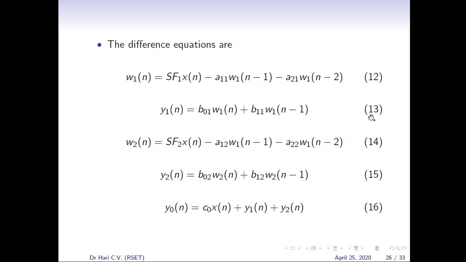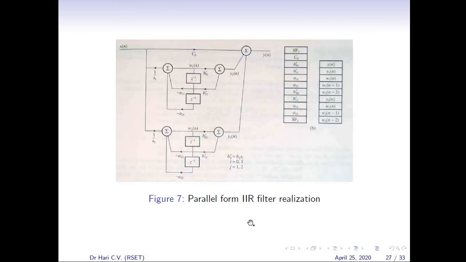The difference equations are given in equations 12, 13, 14, 15 and 16. So the corresponding parallel form IIR filter realization and the corresponding memory, data and coefficient storage are shown in figure 7. In figure 7a the filter realization is shown, and in 7b the data and coefficient memories.